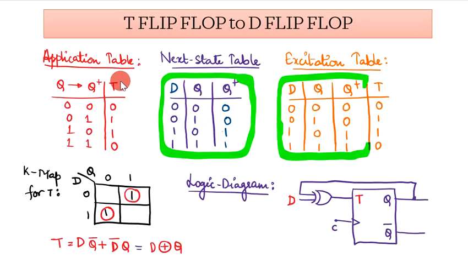The application table of the T flip-flop is written, the next state table of the D flip-flop is obtained, the excitation table is written, you are going to have the Karnaugh map for the T, and T will be equal to D XORed with Q. If you compare the circuit, you would observe that it's just that T is replaced with D for converting T to D and D to T. So this is almost similar to the previous one.